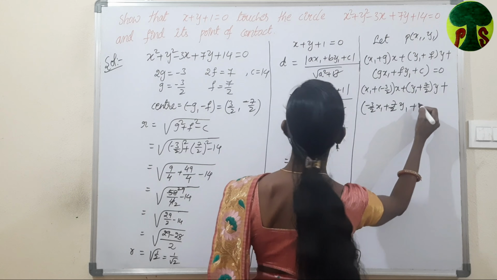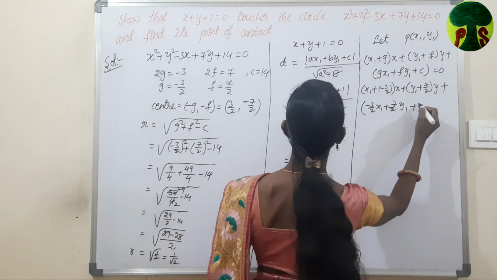So x1 minus 3 by 2 into x plus y1 plus 7 by 2 y plus minus 3 by 2 x1 plus 7 by 2 y1 plus 14 is equals to 0. Let it as equation 2 and this as equation 1.